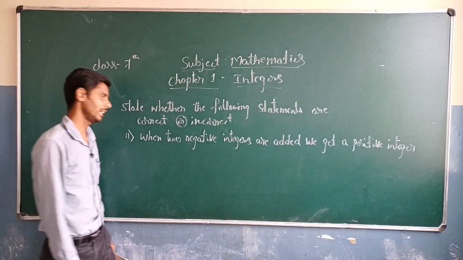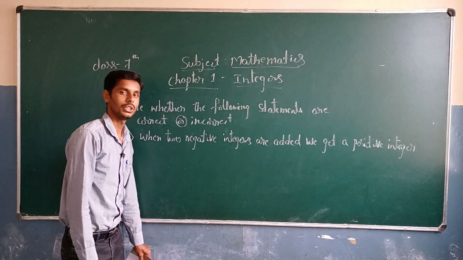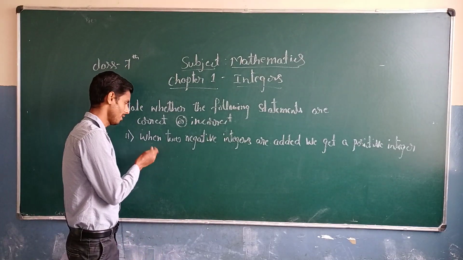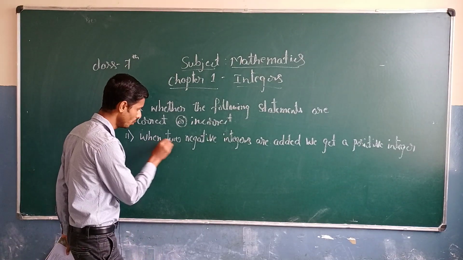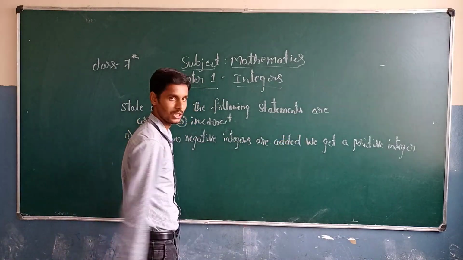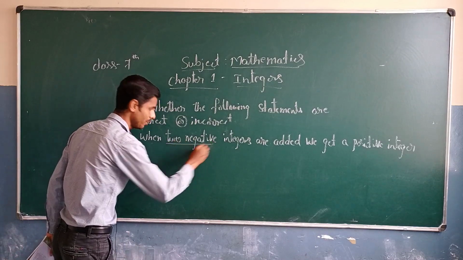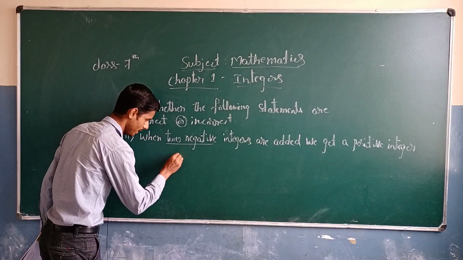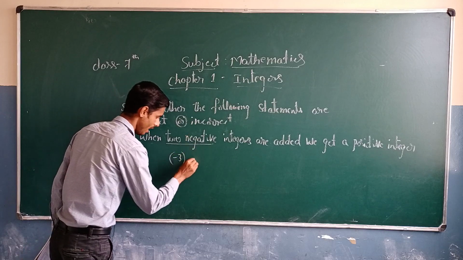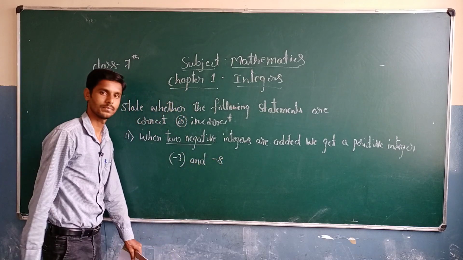Once again, we will verify this statement by an example. When two negative integers are added, we get a positive integer, right? We'll take two negative integers, minus 3 and minus 8.